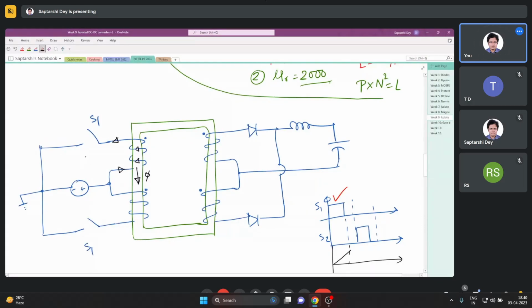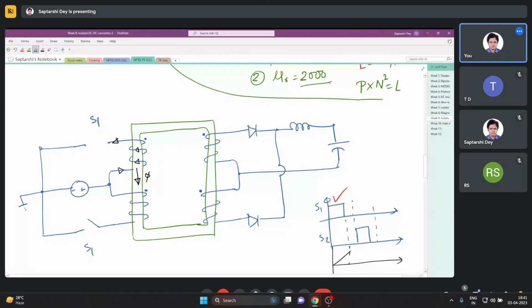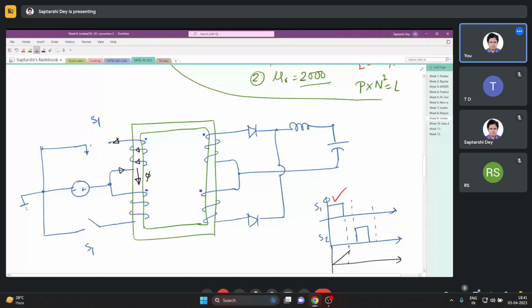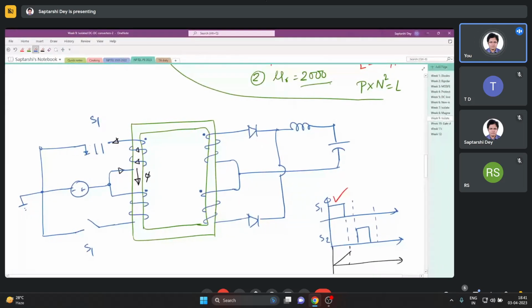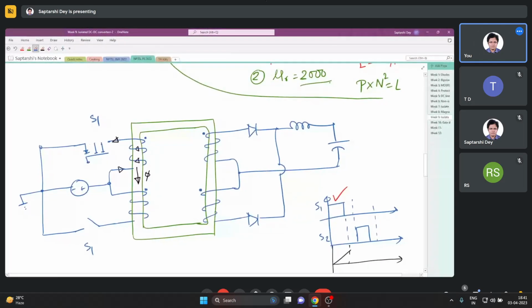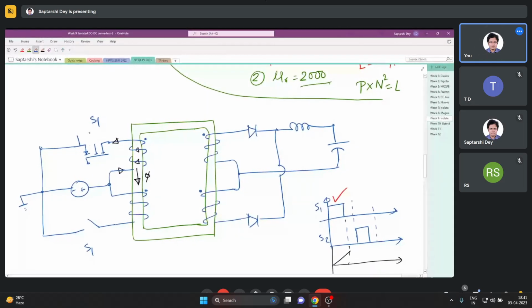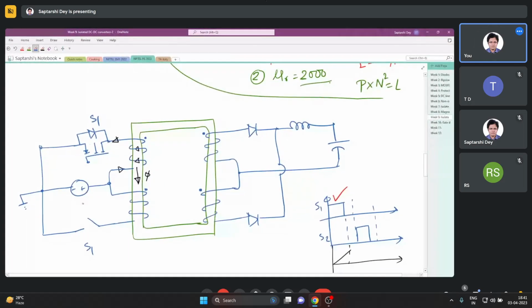Now what will happen? The circuit that I have drawn here, this exact circuit, will not be able to reset the stored energy in the core. The actual thing that we will have is, say, maybe a MOSFET, and a MOSFET comes with a body diode, right?